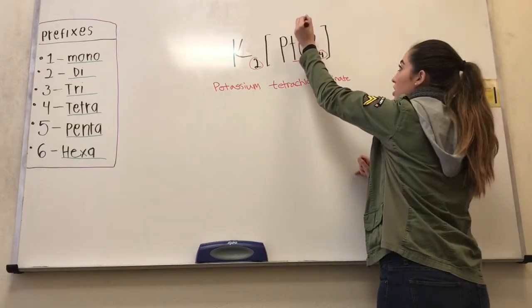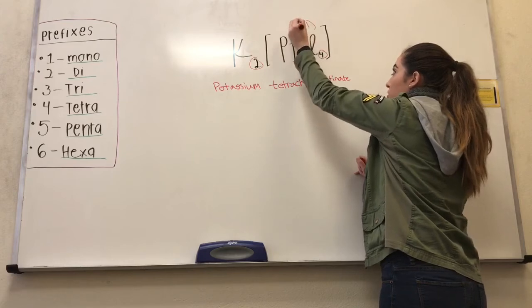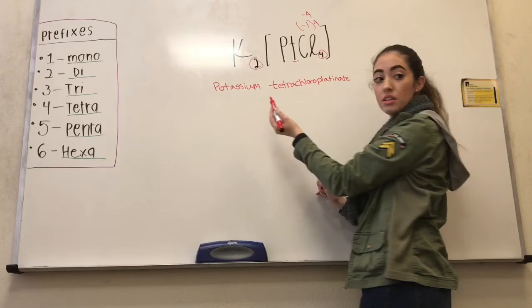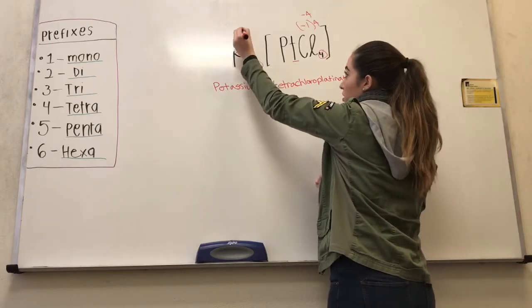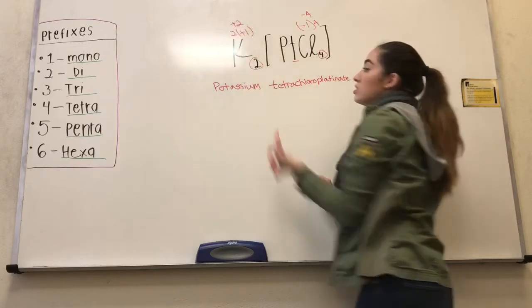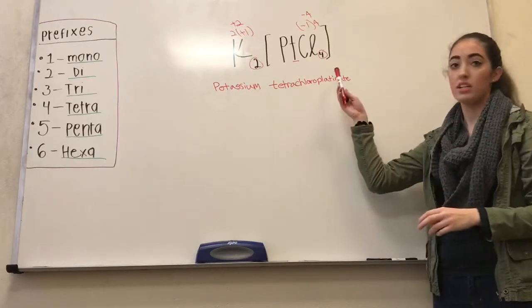Oh, and because chloride, from the periodic table, you know has a -1 charge. Since there's 4, you multiply that by 4 and you get -4. Potassium, as you know, is +1. Since we have 2, that turns into +2. These compounds have to be neutral.